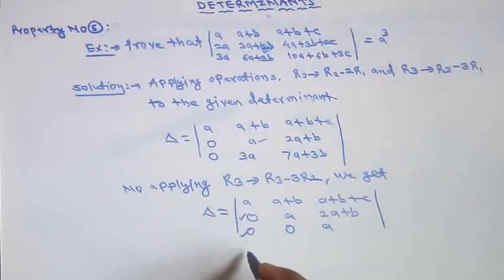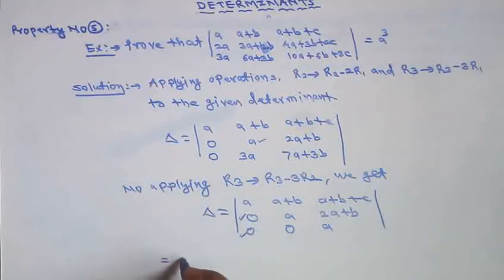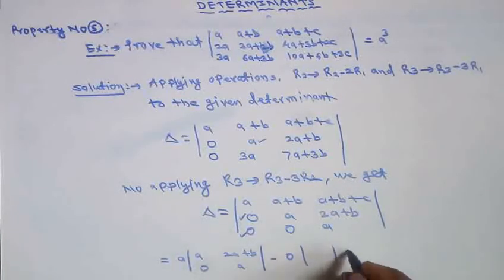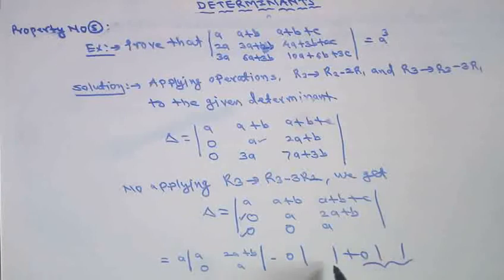So a into the determinant a, 2a plus b; 0, a, minus 0 into something, which is 0, plus 0 into something, which is also 0. You get a into a square, which is a cube, the right hand side.